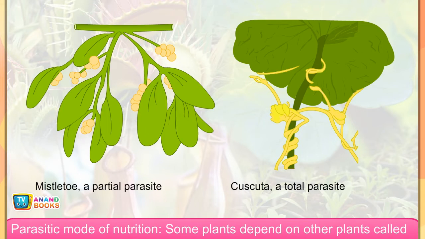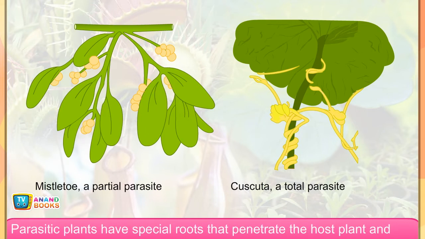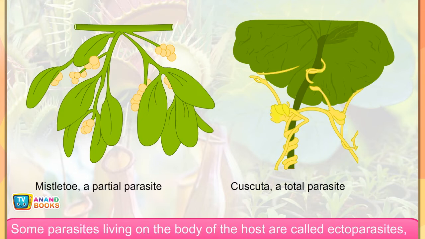Some plants depend on other plants, called host plants, for food and water. Parasitic plants have special roots that penetrate the host plant and absorb nutrients. Some parasites living on the body of the host are called ectoparasites, and those living inside the body of the host are called endoparasites.